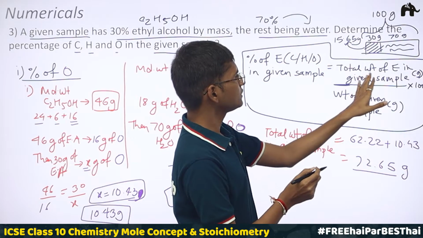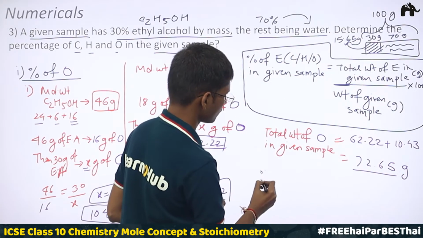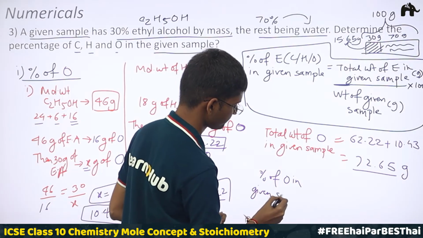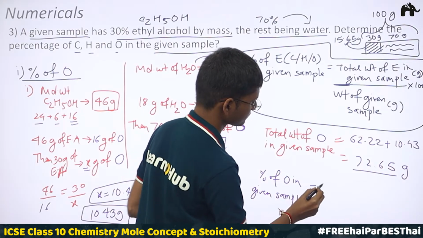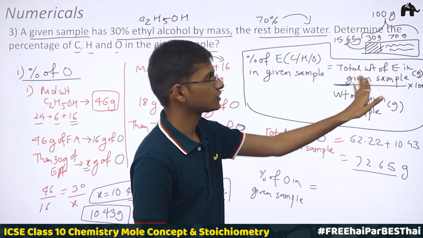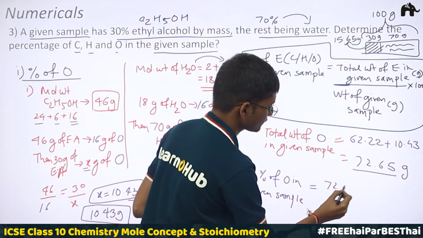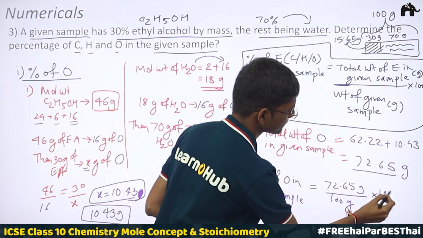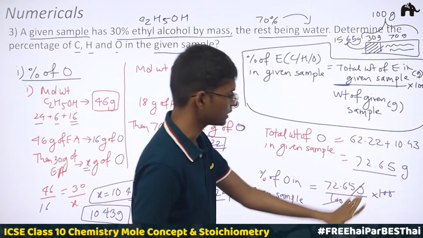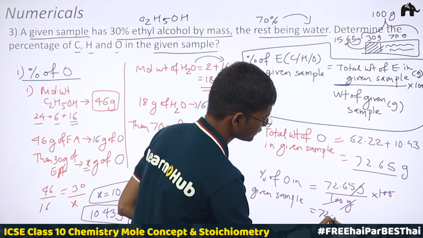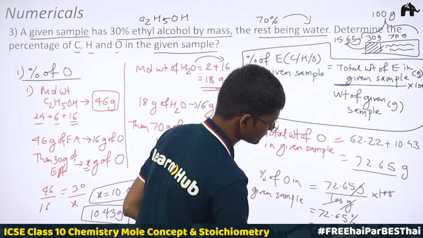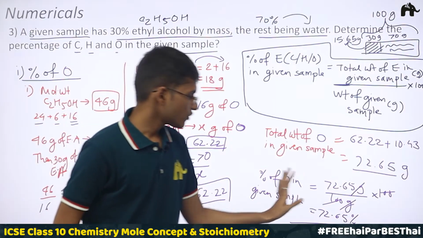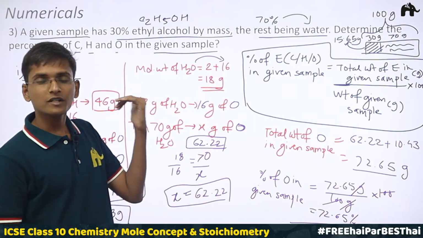Now simply putting this value in this formula, the percentage of oxygen in the given sample would be 72.65 grams, the total weight of oxygen in the given sample, upon 100 grams into 100. Grams gets cancelled. So what is the answer? 72.65%.